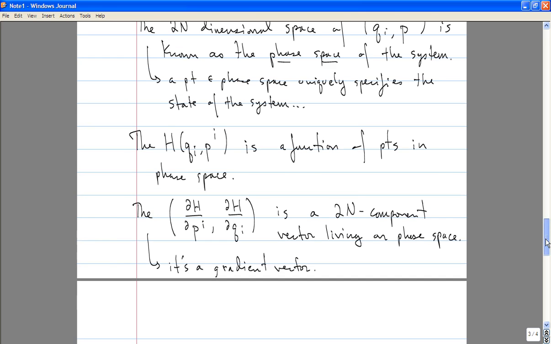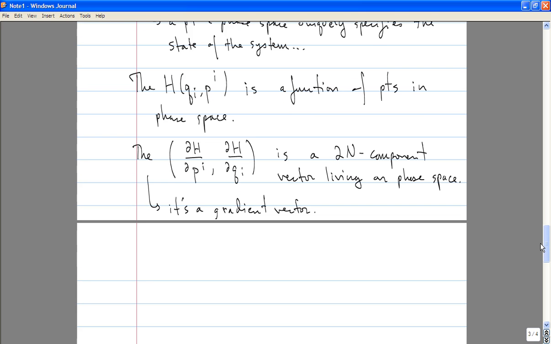And what then are the equations of motion? So the equations of motion say that qi dot and pi dot, the time derivatives of the position and momenta, thought of as points on the phase space, are just given by this vector.